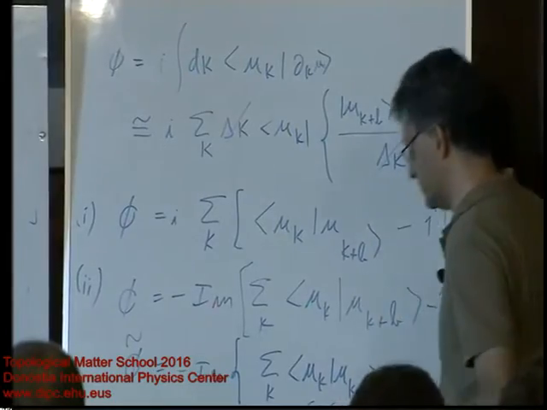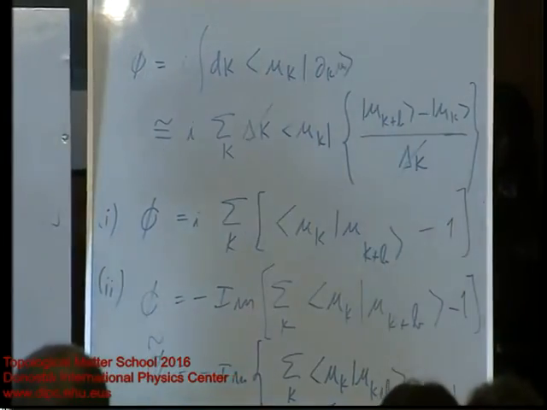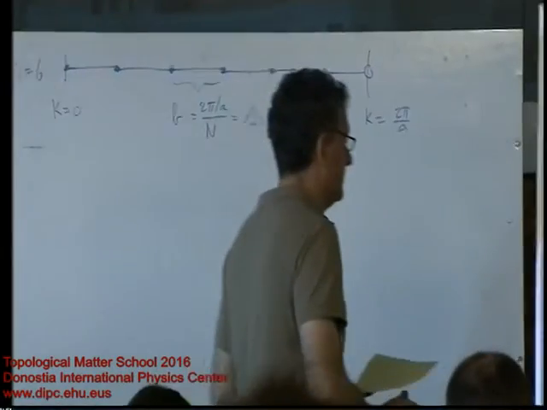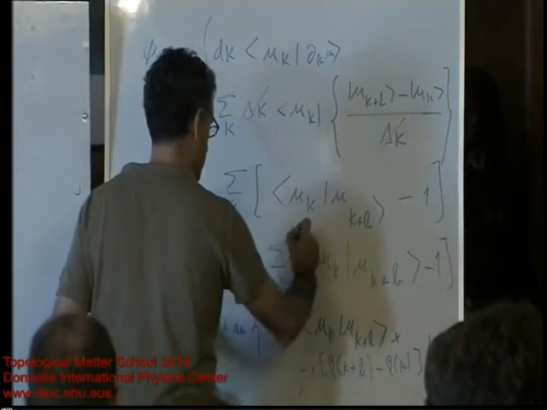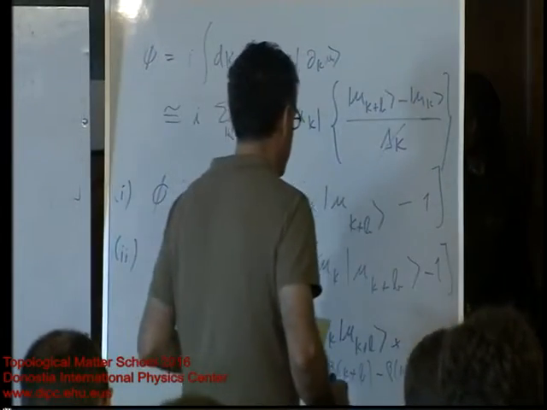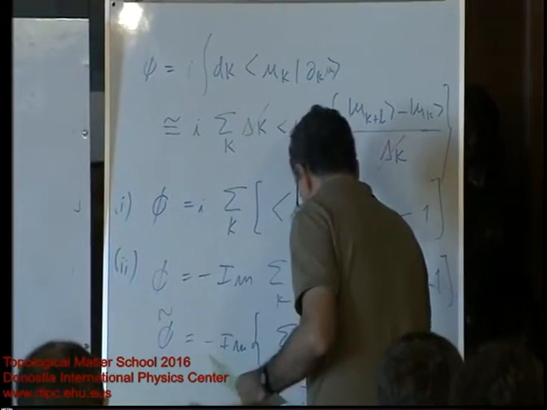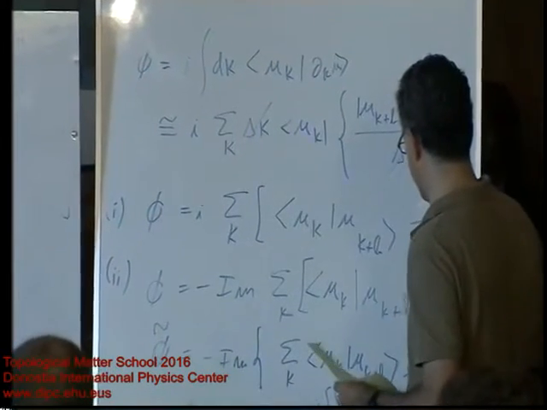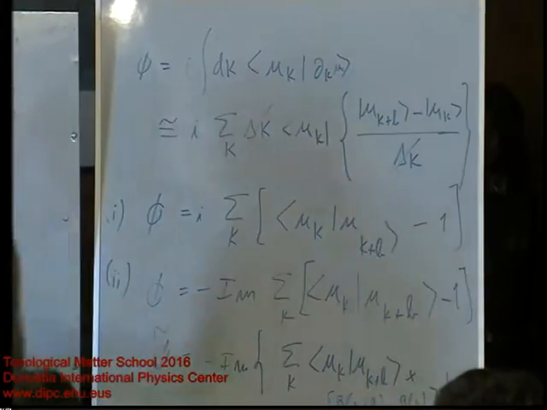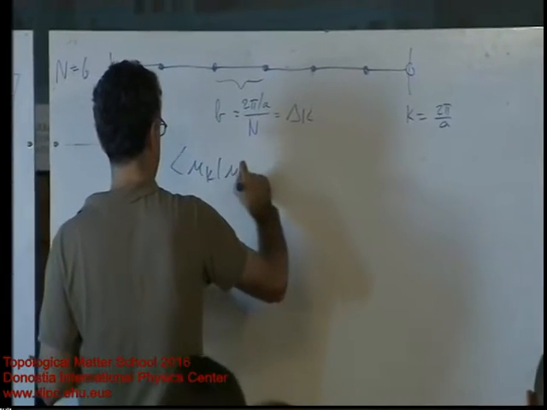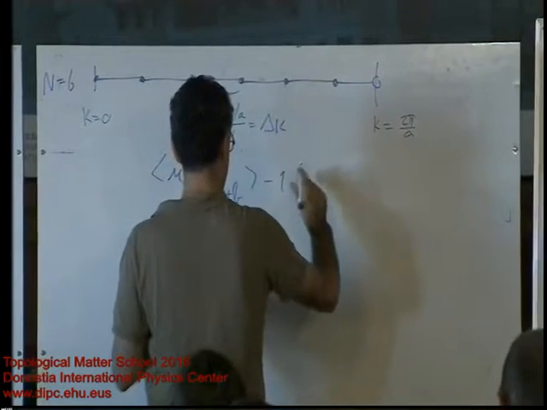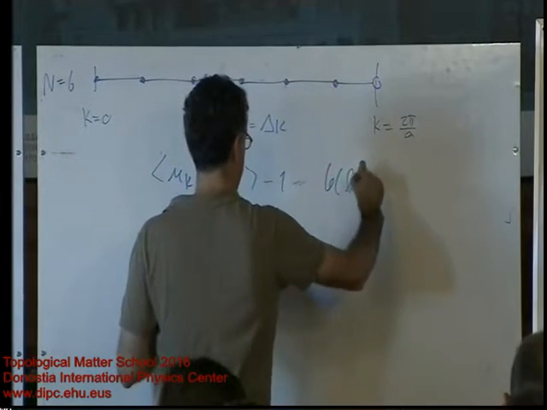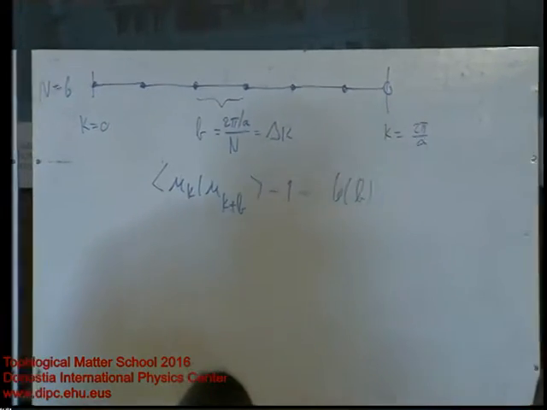So let's go back to this form. Sorry, I meant to put the square bracket here. Remember what I told you, that this object inside square brackets is order B, and B is small if we have a fine enough mesh of k points.